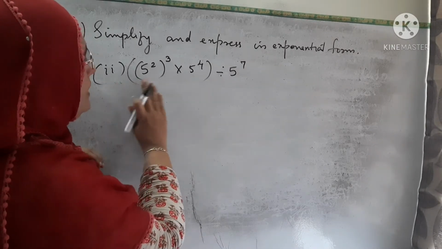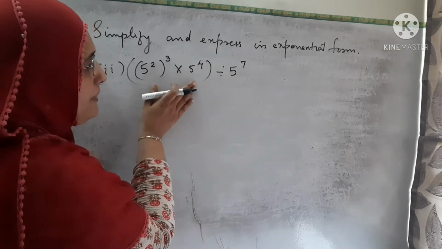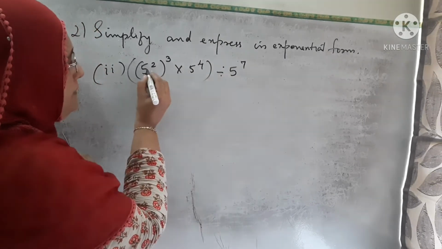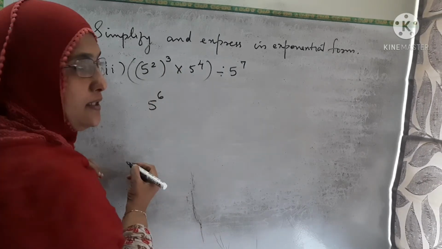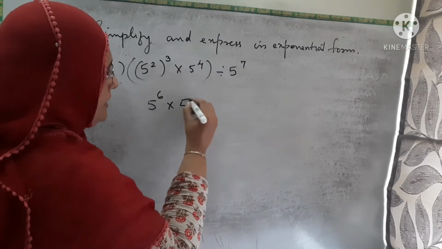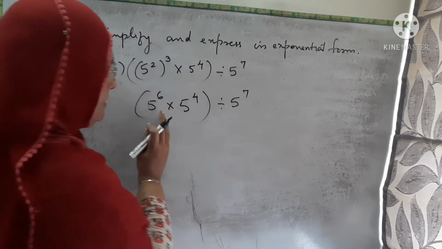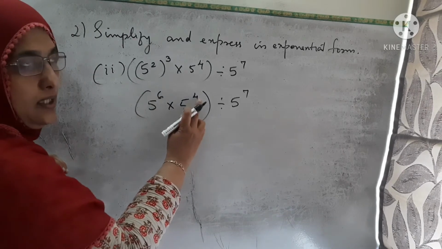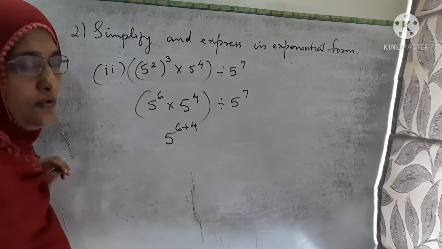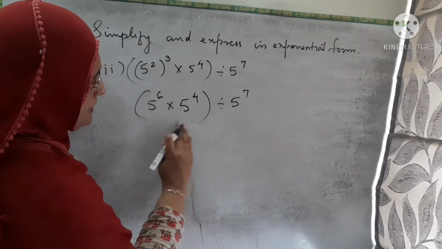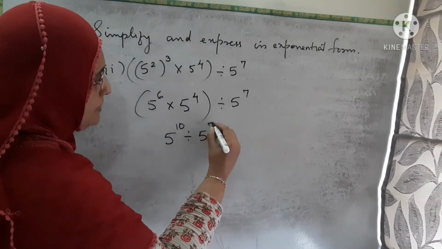See next one, second one: 5 raised to 2 the whole raised to 3 into 5 raised to 4 divided by 5 raised to 7. So first we will do what is inside the bracket. 5 raised to 2 the whole raised to 3, 5 raised to 2 into 3, that is 5 raised to 6. Then into 5 raised to 4 divided by 5 raised to 7. So this is a raised to m into a raised to n, a raised to m plus n. 5 raised to 6 plus 4, that is 5 raised to 10, divided by 5 raised to 7.